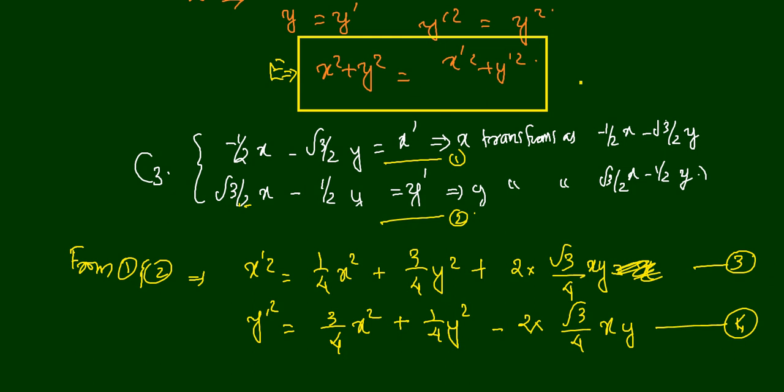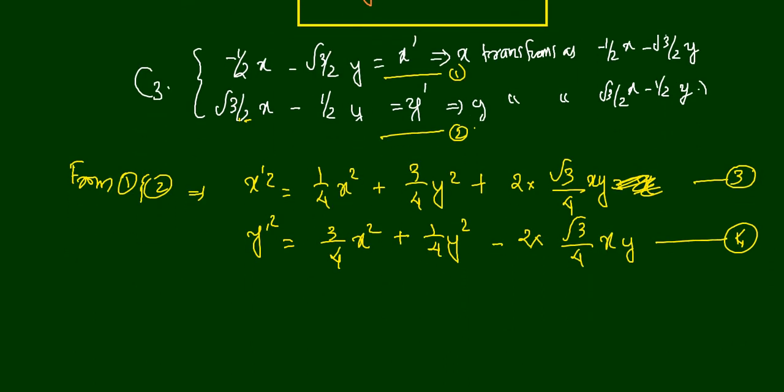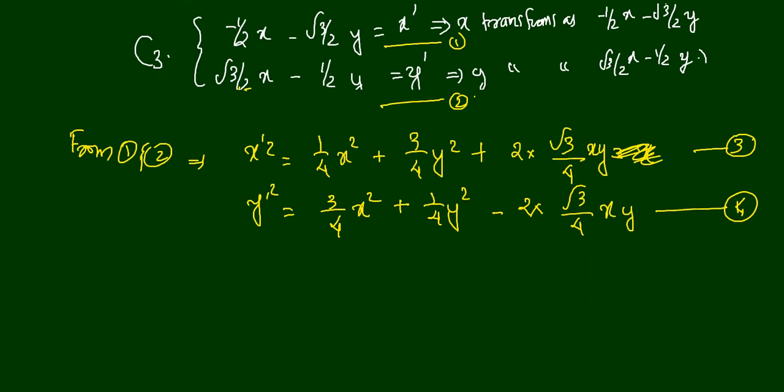So now I have two equations for x dash square and y dash square. So let me now add 3 and 4. So what will be 3 plus 4?